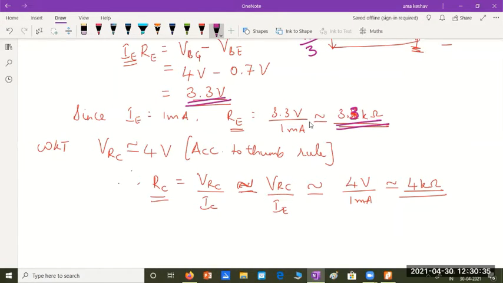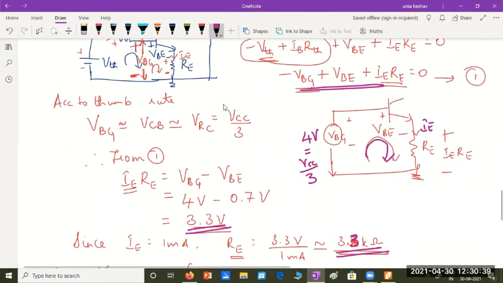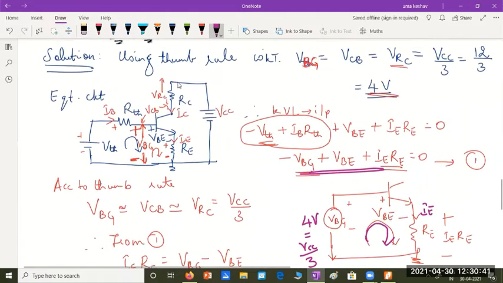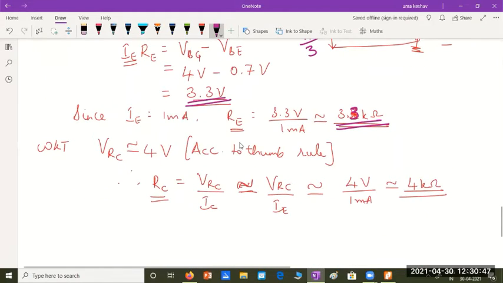This we did. Next, again using the same thumb rule, we know VRC, the drop across this collector resistance RC, should also be VCC by 3. So we took the same condition, VRC should be 12/3, 4 volts, and RC will be VRC divided by IC.